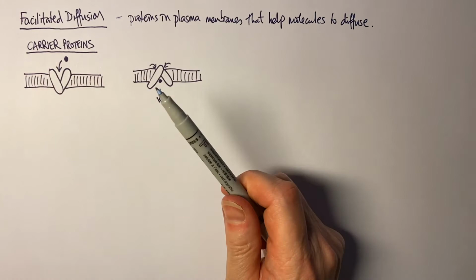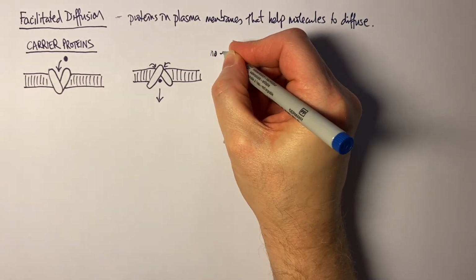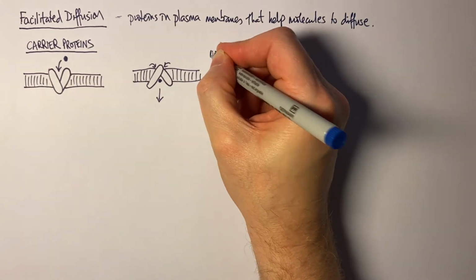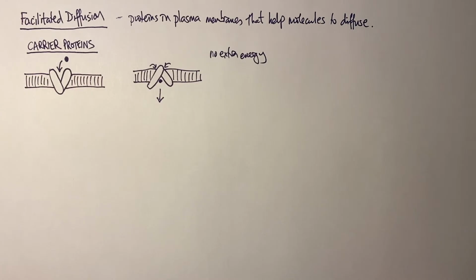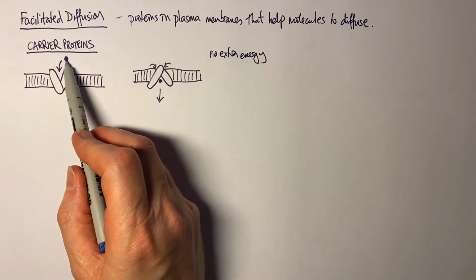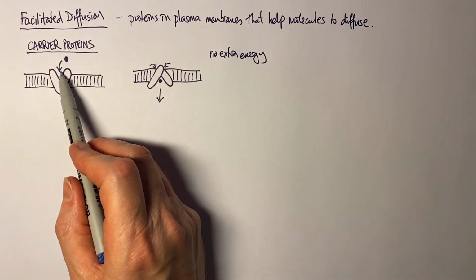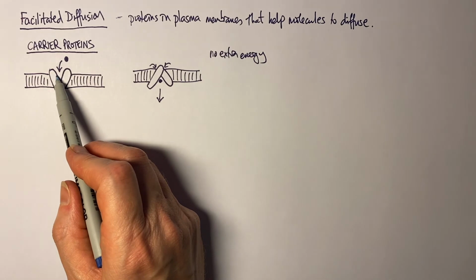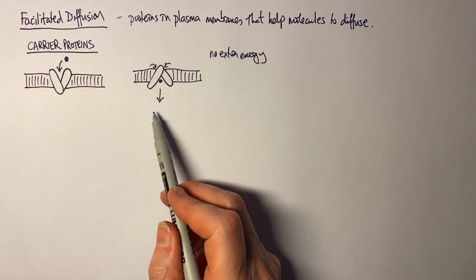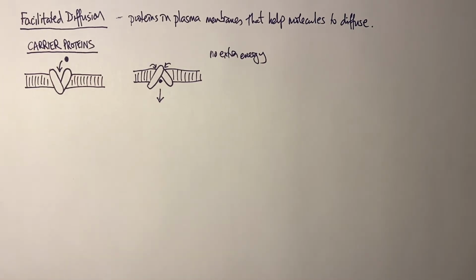Now what is important here, there's a couple of things that are important. No extra energy is provided to the molecules. The only energy required for this to happen is the kinetic energy that this molecule has. As it moves into here, it basically makes this change shape and allows that to go through. So that's the first thing that is really important.